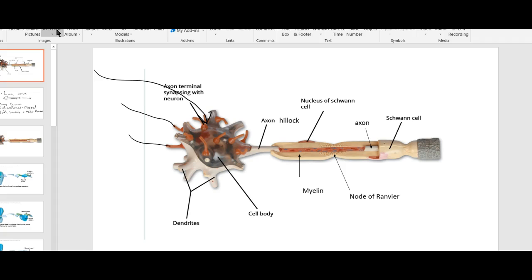So you want to imagine that these are all the ends of axons from other neurons. And this is the postsynaptic neuron for all of these synapses.